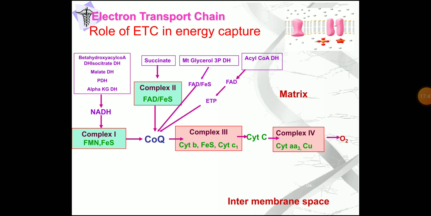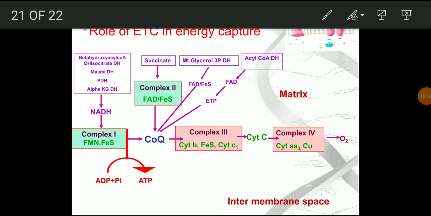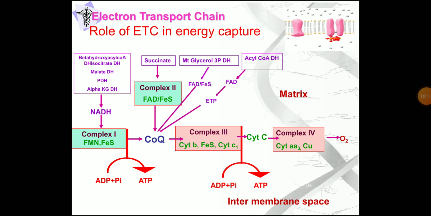It is given to the oxygen to produce water, and the energy liberated during this reaction is taken up by a chemiosmotic process, and finally it is producing ATP. So complex 1 produces ATP, and then complex 3, and finally complex 4. There is ATP production inside the mitochondrion.